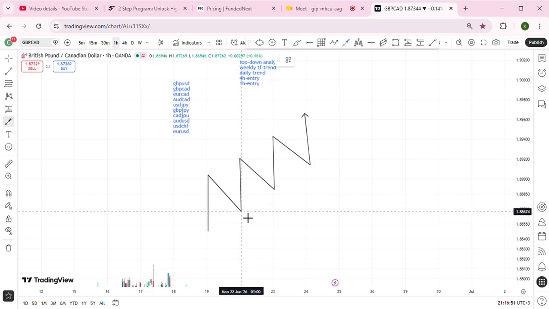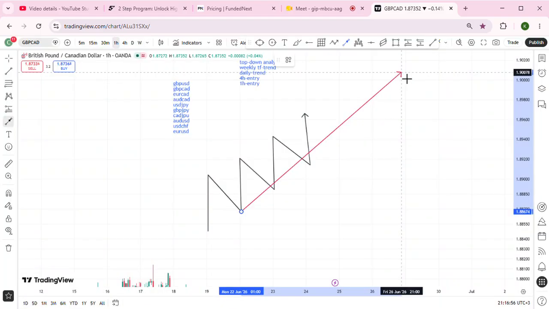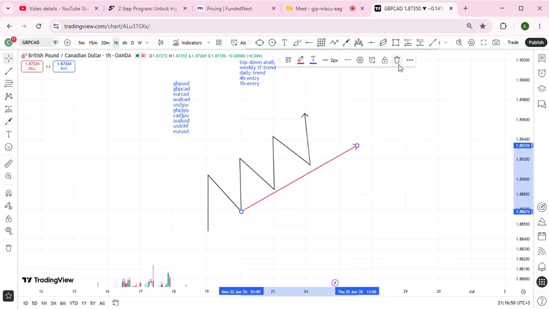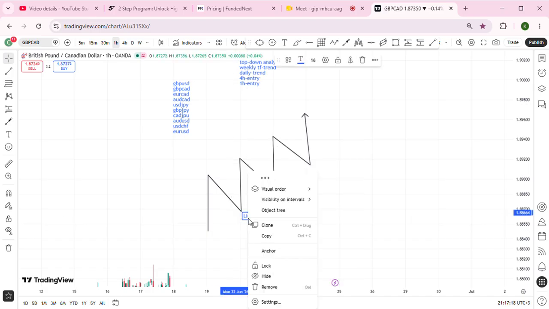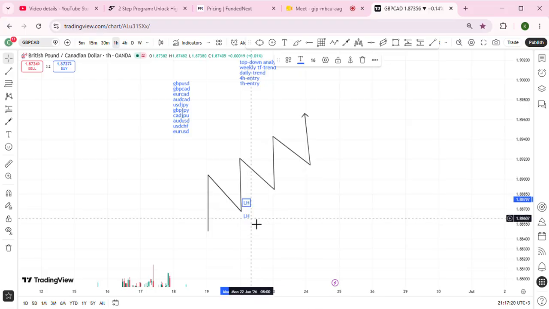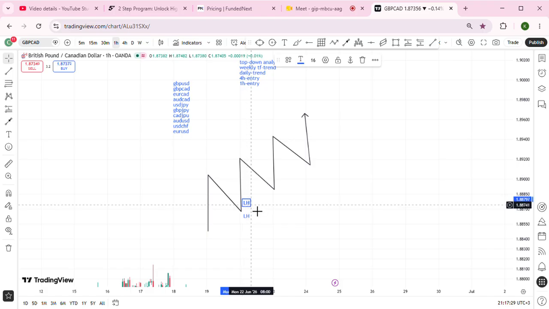So the lowest part here is where we have the LH, which is a lower high. These are lower highs on the lower side of it, and on the upper side we will be having HH, which stands for higher highs.